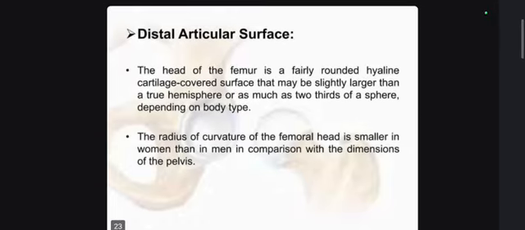Next, about the distal articular surface. The head of the femur is a fairly rounded, hyaline cartilage covered surface that may be slightly larger than a true hemisphere, or as much as two-thirds of a sphere, depending on body type. The radius of curvature of the femoral head is smaller in women than in men in comparison with the dimensions of the pelvis.